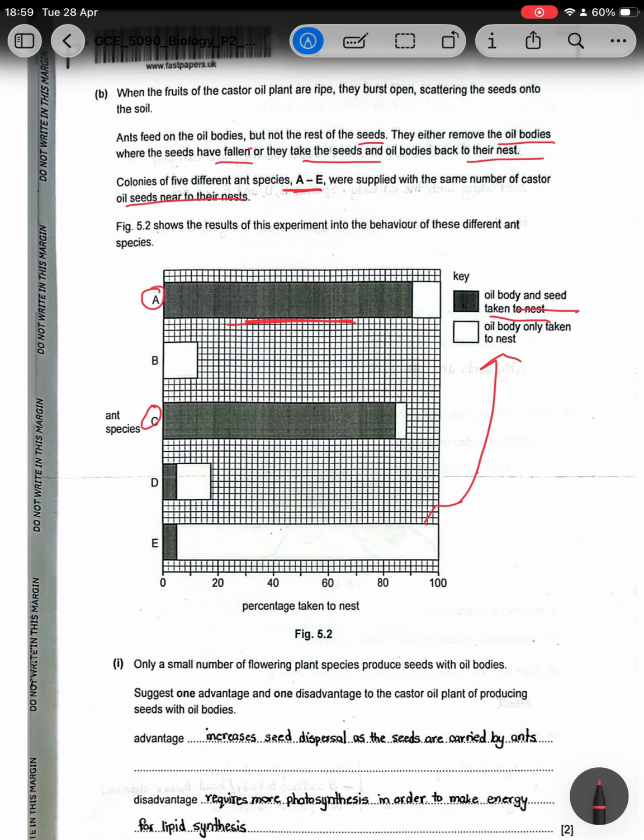C, on the other hand, not all of them had taken the seeds and oil bodies to the nest, but most of them have taken both, and a little percentage of them have only taken the oil body.